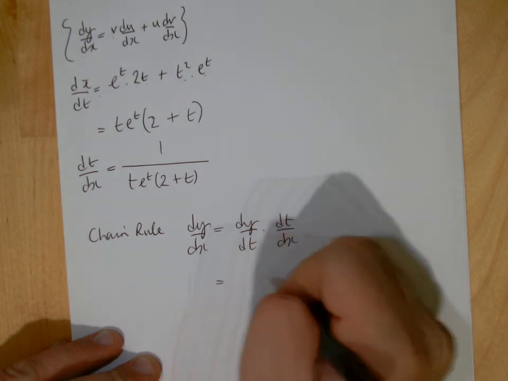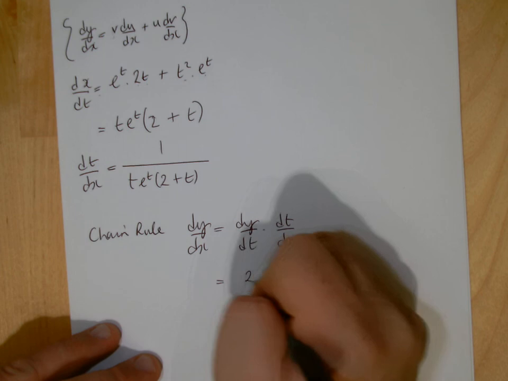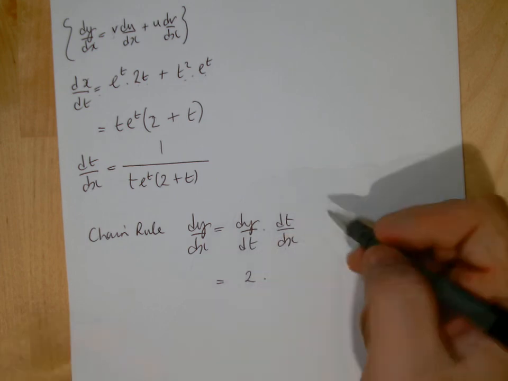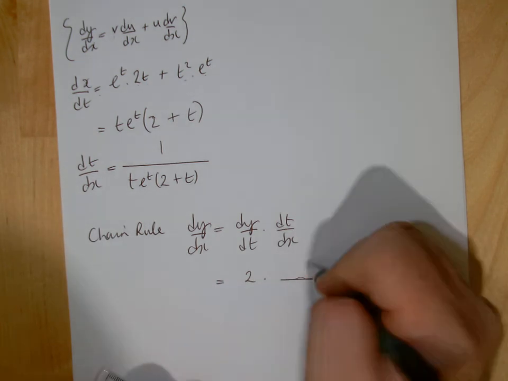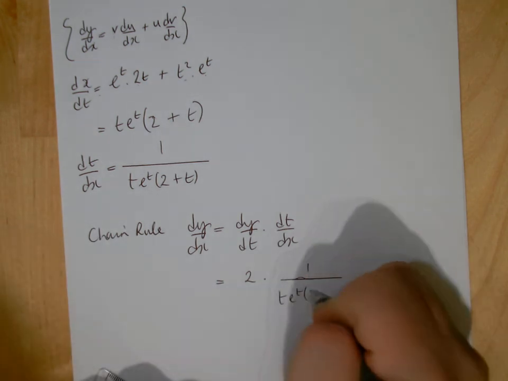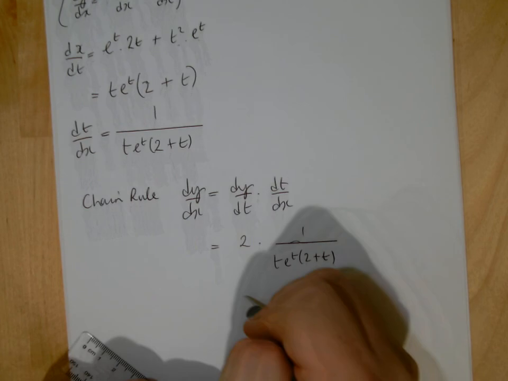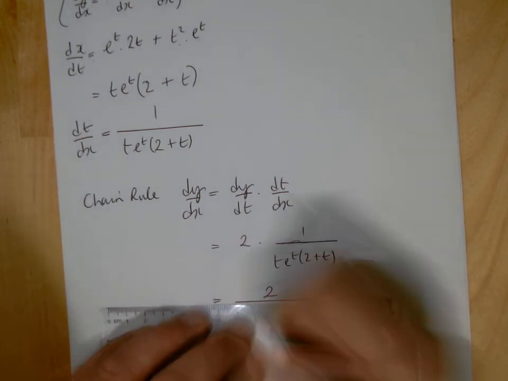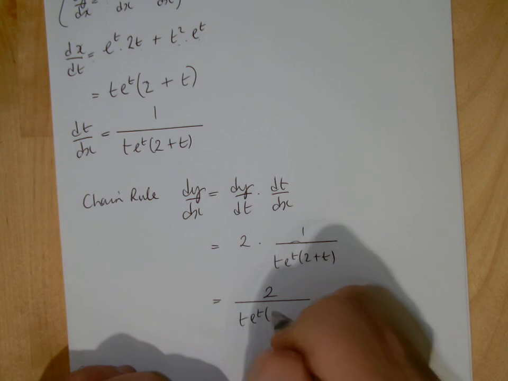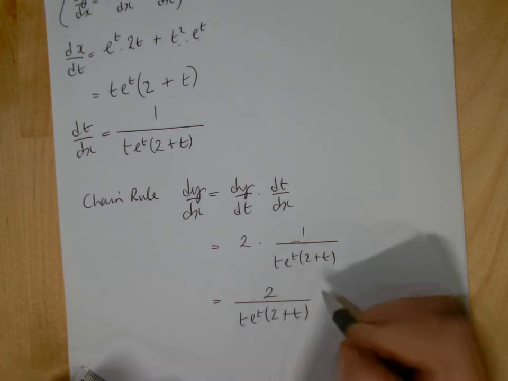So dy dt is 2, and dt dx then is 1 over t e to the t, 2 plus t. So then, just to make it a bit nicer to finish off, we put 2 on top. 2 times 1 is 2, and then 2 e to the t bracket 2 plus t on the bottom.